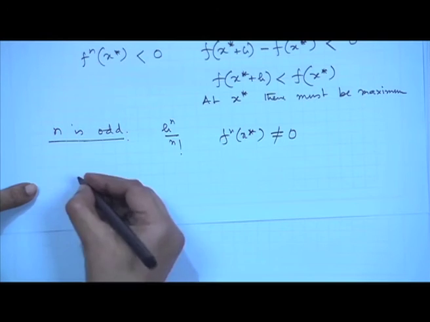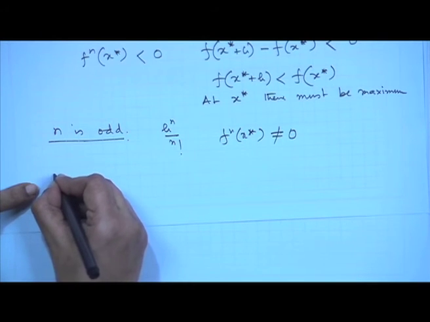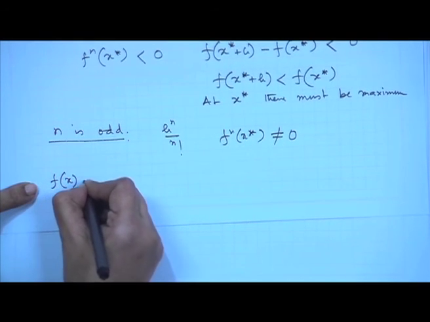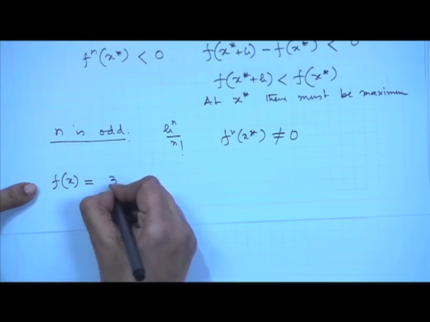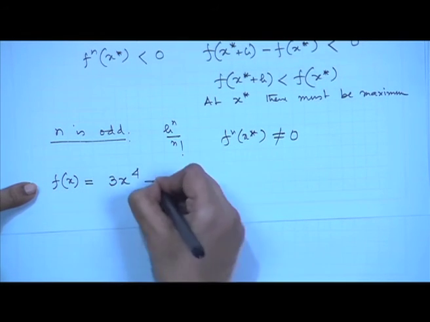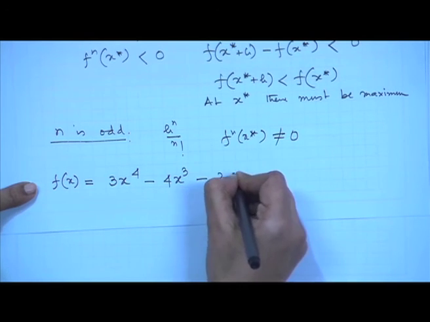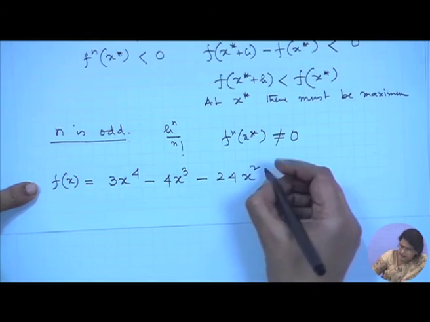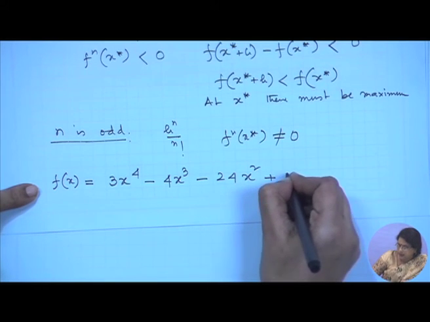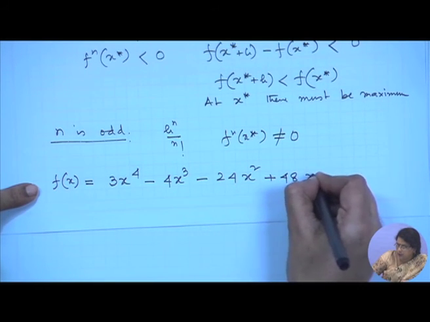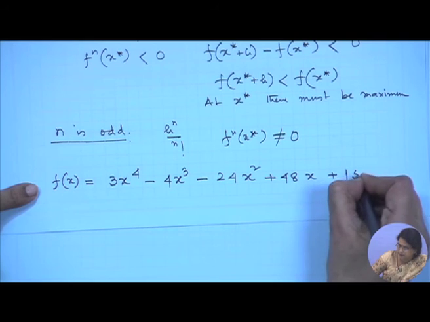Now, this is the task of yours for the next class. Find out the minimum or maximum, whatever is there, for this function. Otherwise, I will discuss it in the class. This is nonlinear programming with single variable.